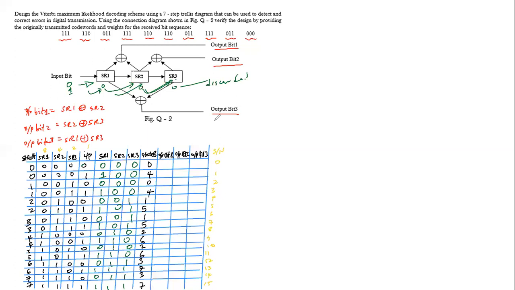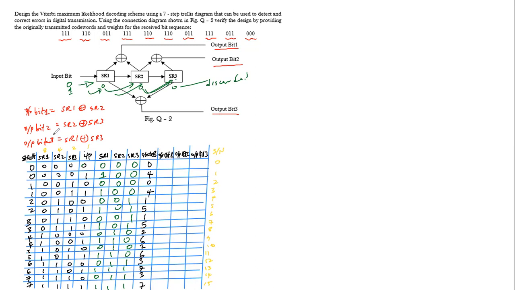Both the input and the output will be aware of this algorithm. Whatever is transmitted will be benchmarked based on this algorithm. With this, we'll be able to decide whether what was received or transmitted is in error or was received correctly. So let us try out output bit 1.